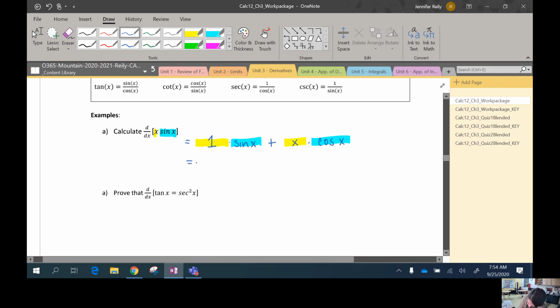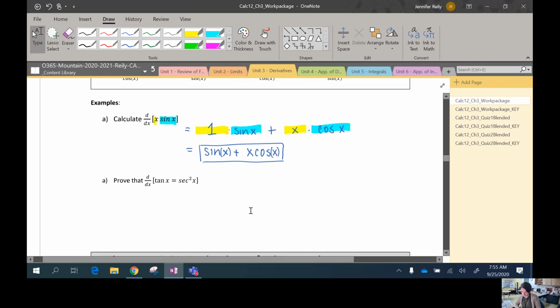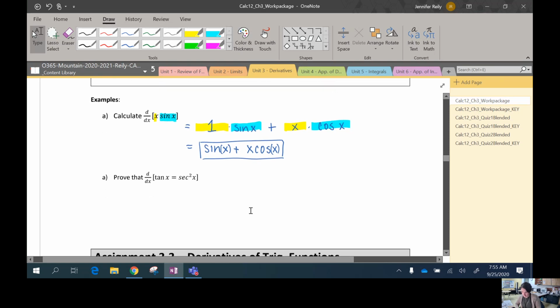I'm just going to rewrite that without the colors. So it'd be sine x plus x cos x. Okay, that's it. If you want, I kind of like to write little brackets around my x, but you don't have to.